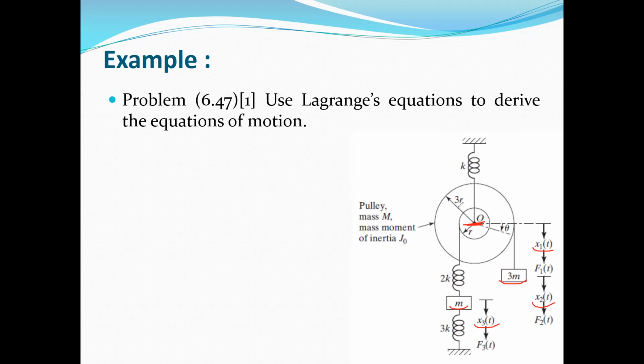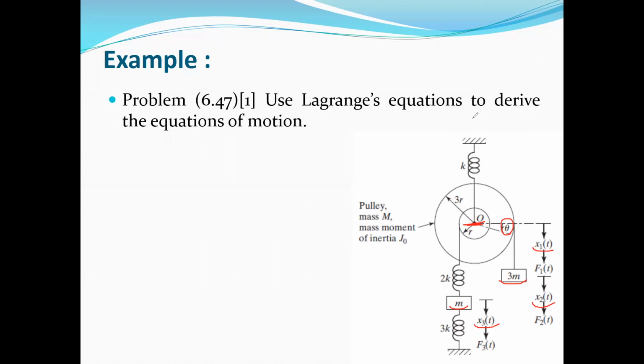And also this pulley, when it's going down, can rotate about its center with angle theta. So the degrees of freedom for this system are 1, 2, 3, and 4. We deal with a system with 4 degrees of freedom. We want to use the Lagrange equation to extract the equation of motion for this system.